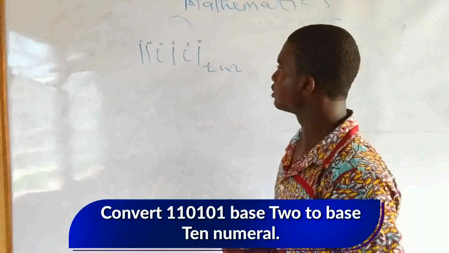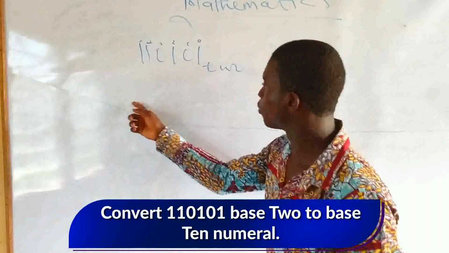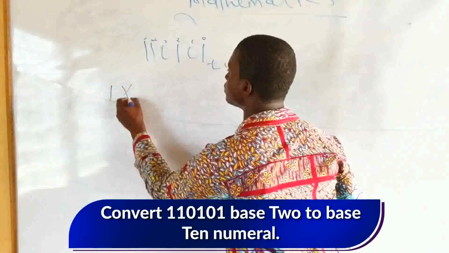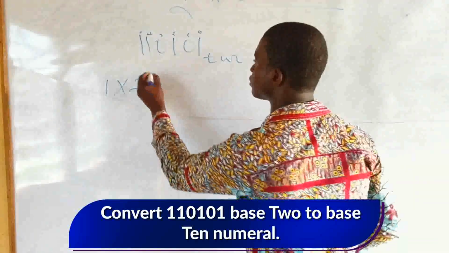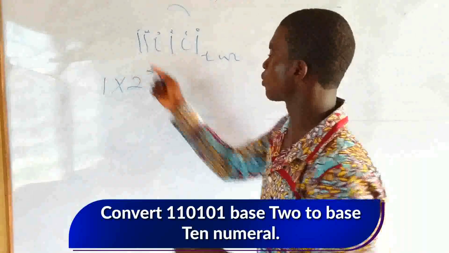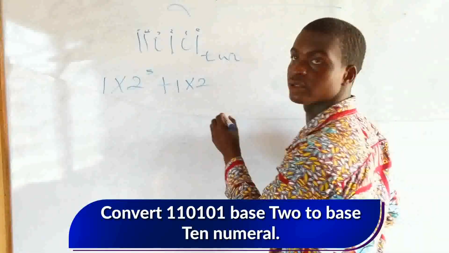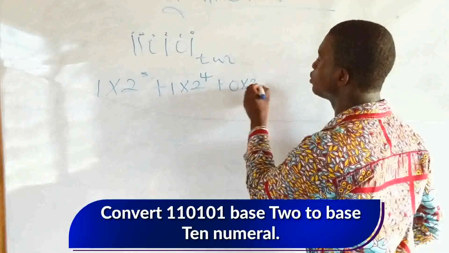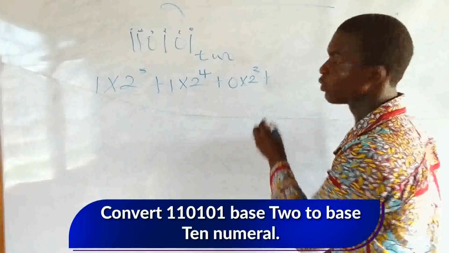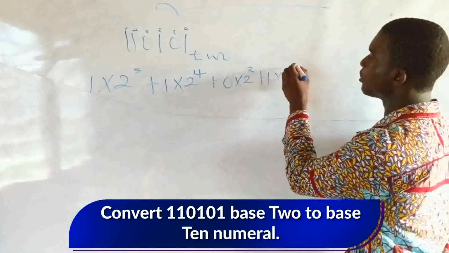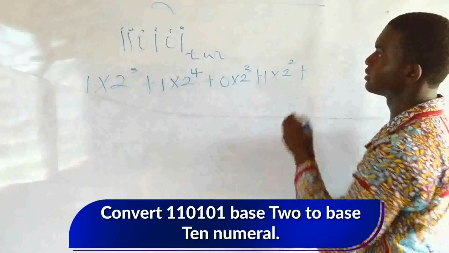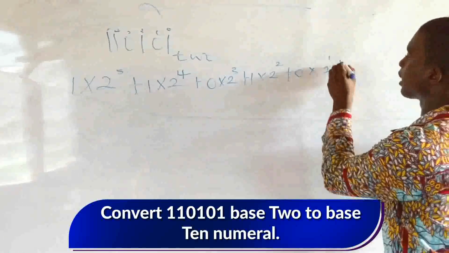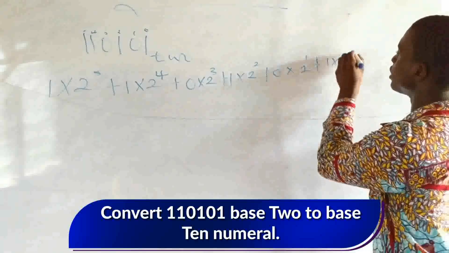And so having it this way, you just take the first digit and multiply by the base to the power you gave it. So let's take 1 times 2 raised to the power 5, the last digit, plus the next digit, which is 1 times 2 raised to the power 4, plus 0 times 2 raised to the power 3, plus 1 times 2 to the power 2, plus the next one, which is 0 times 2 to the power 1, plus 1 times 2 to the power 0.